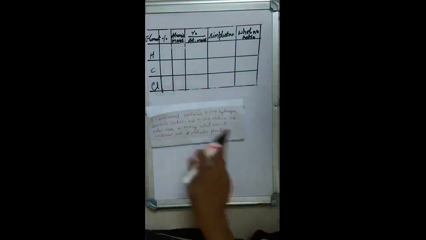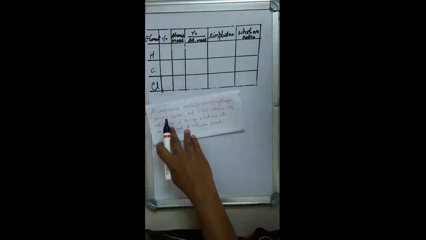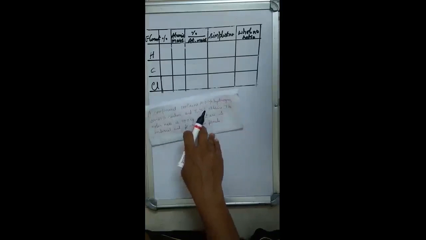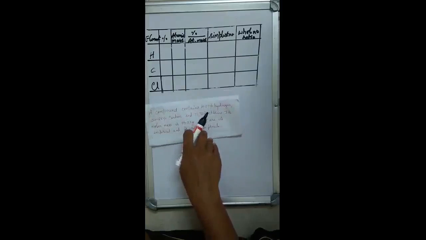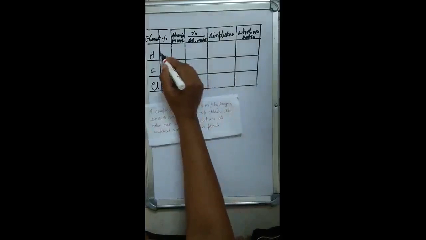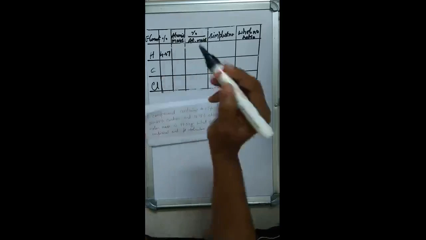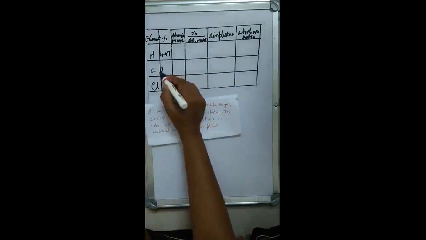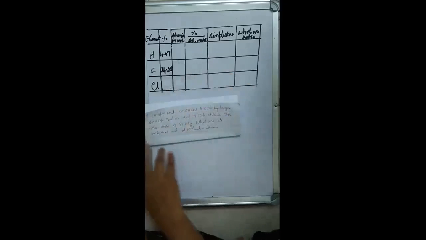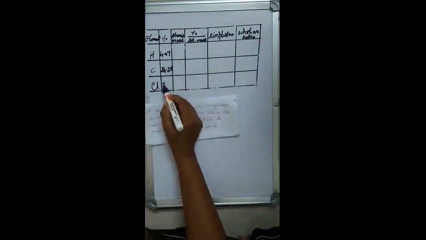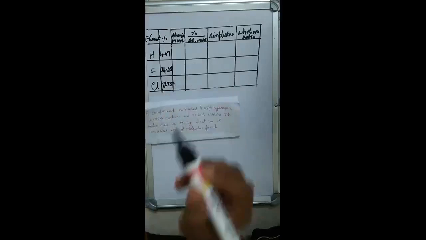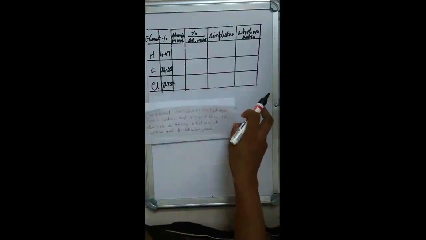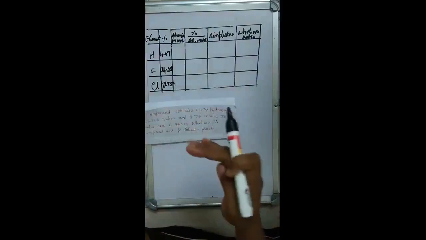The percentage of hydrogen is 4.07, carbon is 24.25, and chlorine is 71.75.